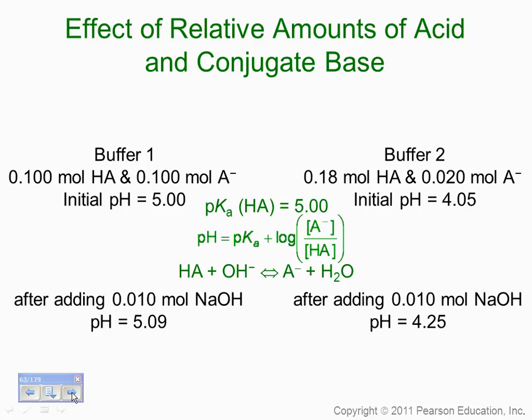So the one on the left, the pH changes by 0.09 units. The one on the right, the pH changes by 0.2 units. And neither one of those sound like large numbers. But in fact, on the buffer on the right, the pH change has more than doubled. The change is more than twice what it is on the left.